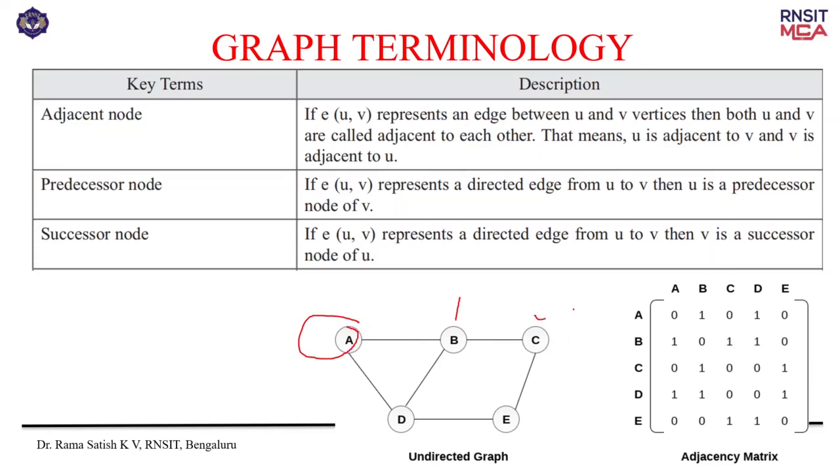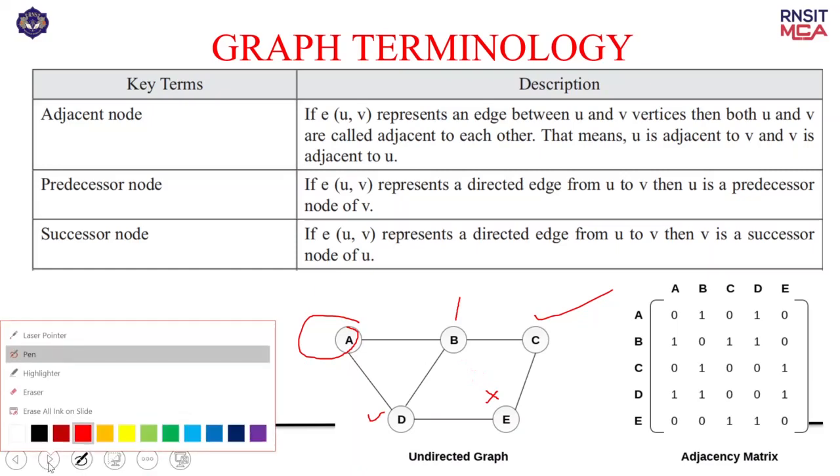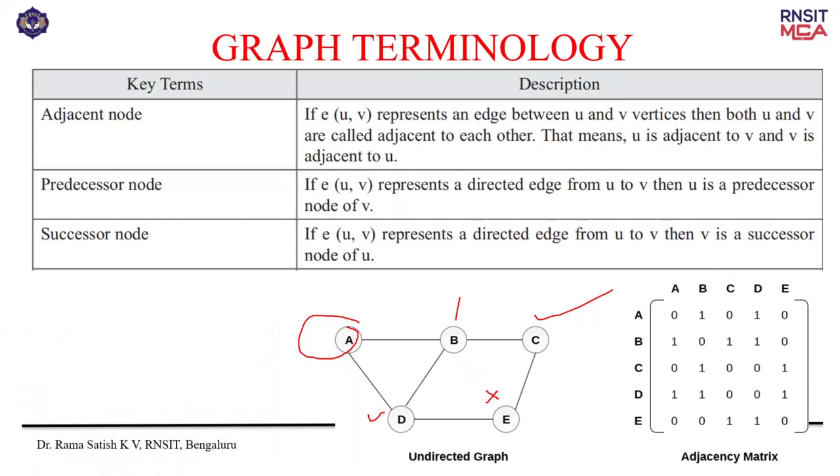B to C there is a direct link, so this is also an adjacent node, and B to D is an adjacent node, whereas E is not an adjacent node of B because there is no direct link. That is what you should understand. You should understand all these terminologies.